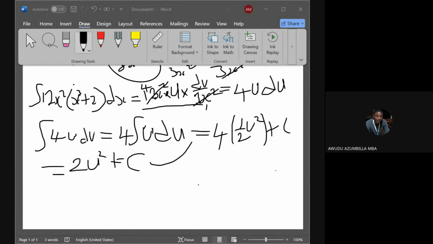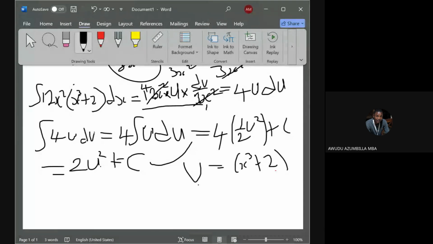Now we know that our u was defined earlier. u is equal to what? My x cube plus what? 2. Was it plus 2? Yes, plus 2.